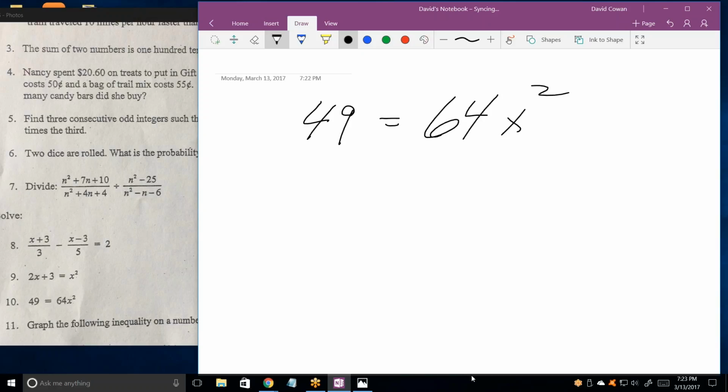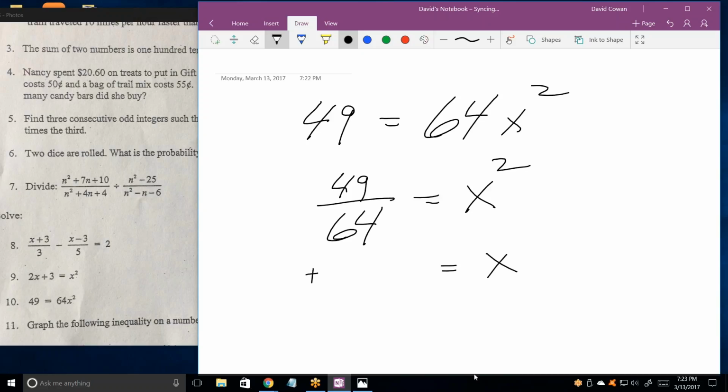Let's divide both sides by 64. And now, instead of solving it by factoring, I'm going to take the square root of both sides. Well, that gives me x on the right side. What's it give me on the left? 7/8.